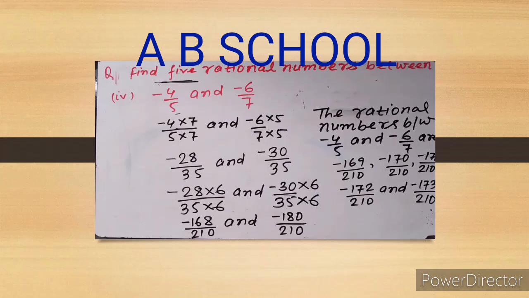of rational numbers, that is, finding rational numbers between rational numbers. Now, my dear students, I am going to give you some practice sums of this type, and then I will discuss with you how to represent rational numbers on the number line.